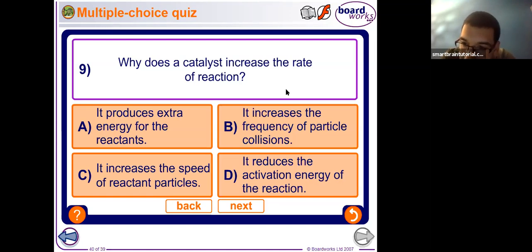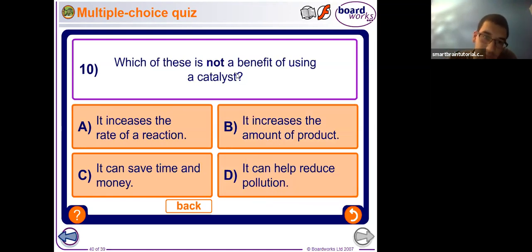I told you they reduce the amount of activation energy. Catalysts reduce the activation energy. So this is the way they speed up the rate of chemical reactions.